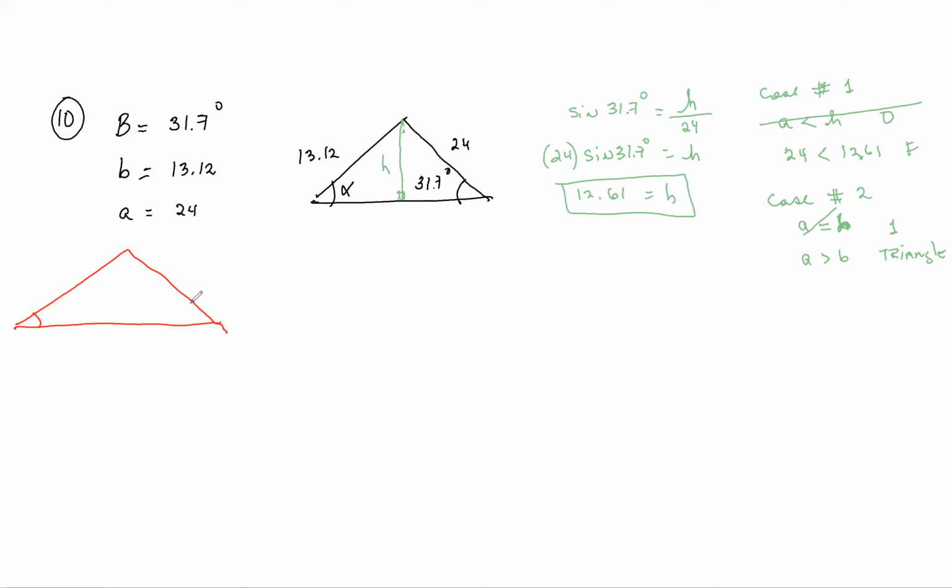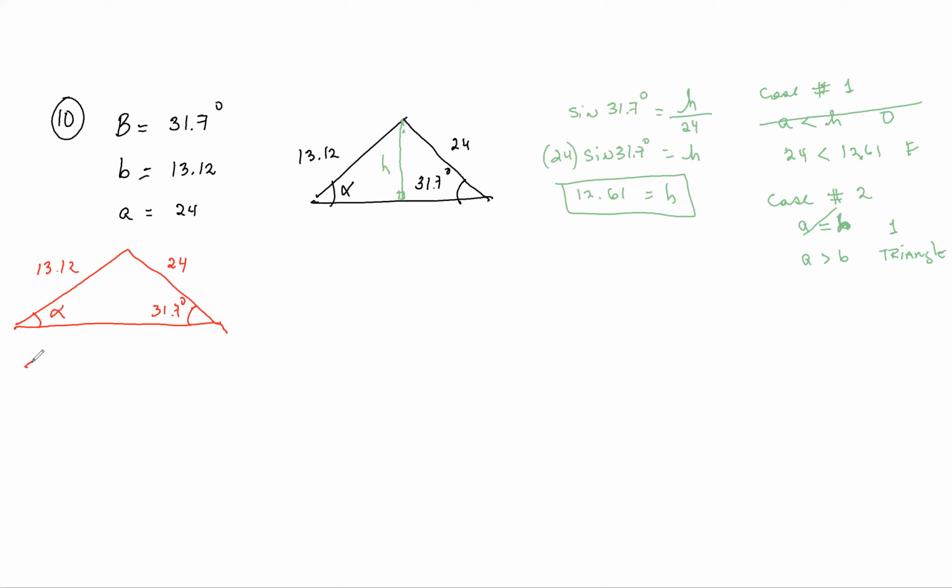I need to find this angle. We know this one already. We know this side and we know this side. Since you got this side and the angle, and this angle is missing, it's possible to find alpha.